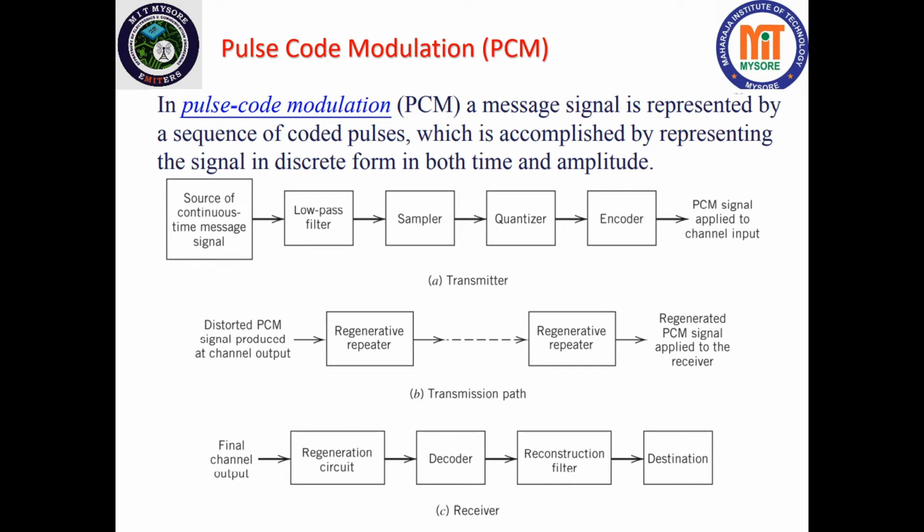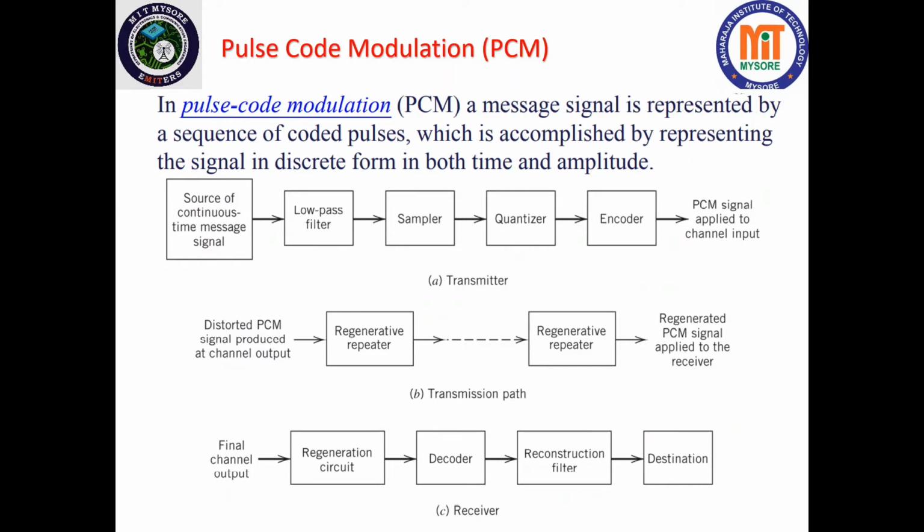Then the low pass signal is passed through a sampler, which samples the signal at a sampling frequency more than the Nyquist rate. Then the signal is quantized. After that it is passed through an encoder, which represents each of the voltage levels with a certain number of bits. So that is the general explanation.